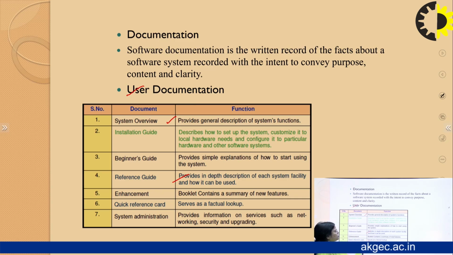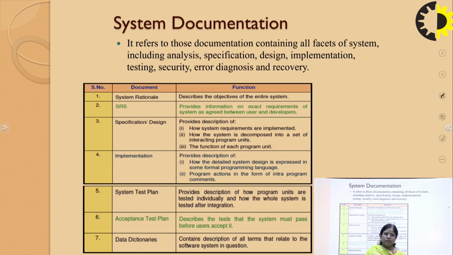Enhancement booklet contains a summary of new features. Quick reference card serves as a factual lookup, and the system administration guide provides information on services such as networking, security and upgrading.